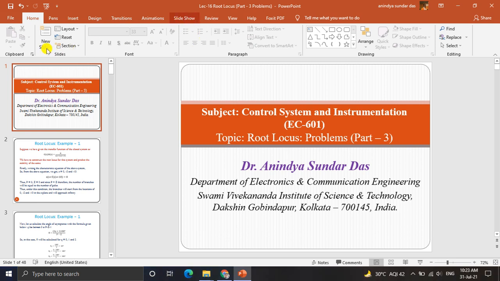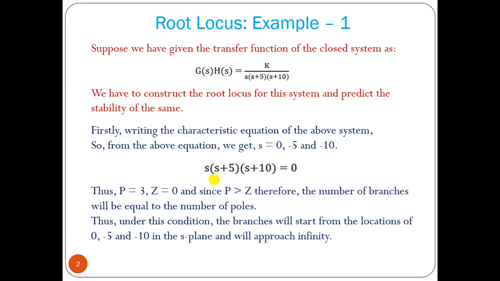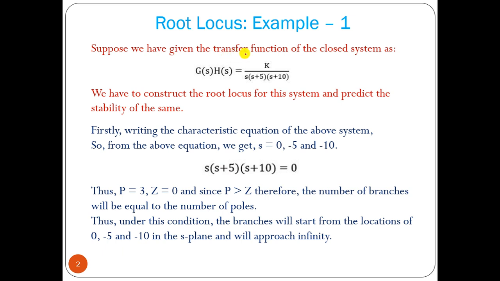Okay, so the first problem. Suppose we have a given transfer function of the closed system, that is k divided by s into s plus 5 into s plus 10.